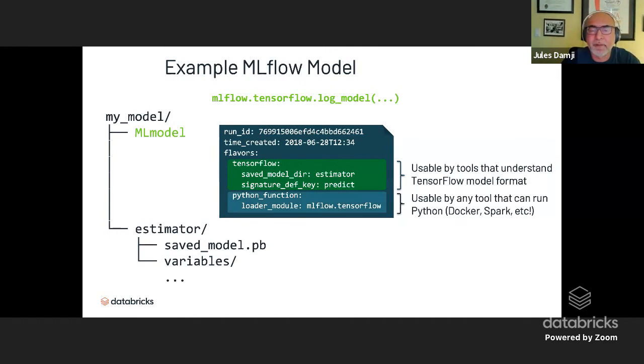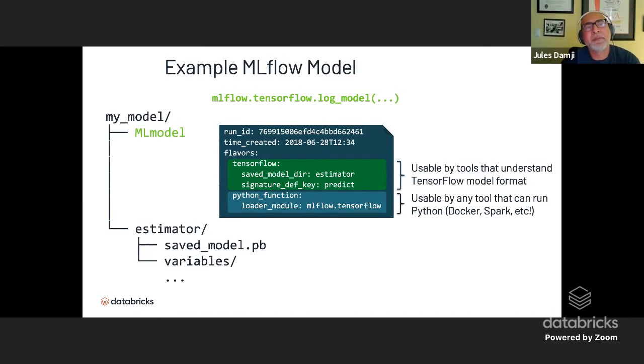The other flavor is a generic flavor, what we call the Python function flavor. This is quite powerful because it allows us to deploy this particular model in any environment that is running Python, and you don't have to worry about the underlying infrastructure, whether it's TensorFlow or Keras.